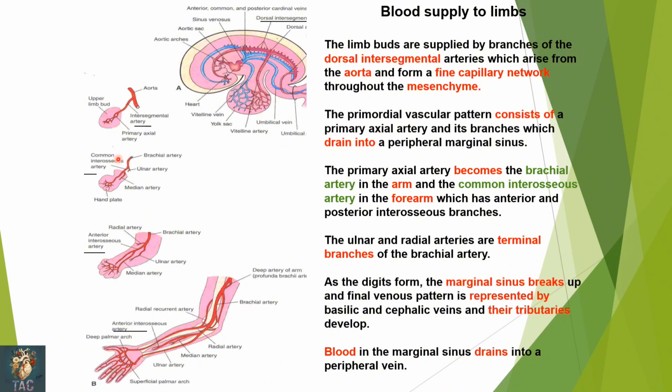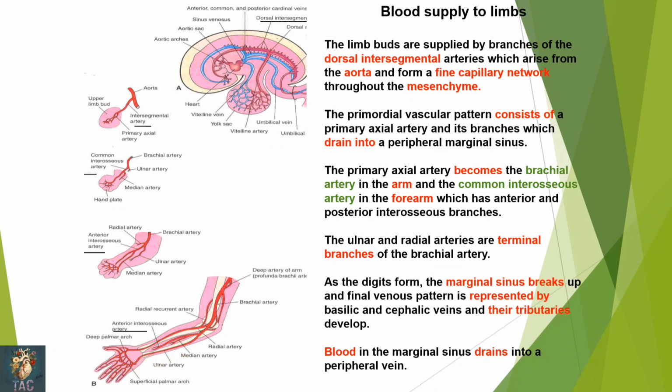In the case of the upper limb, the main artery, also called the axis artery, in the arm is the brachial artery, and in the forearm it is the common interosseous artery, and they break down into the capillary network, which will then form the tributaries of the venous system.